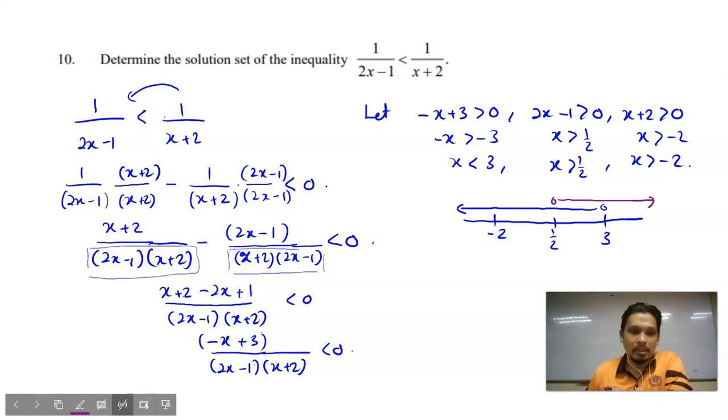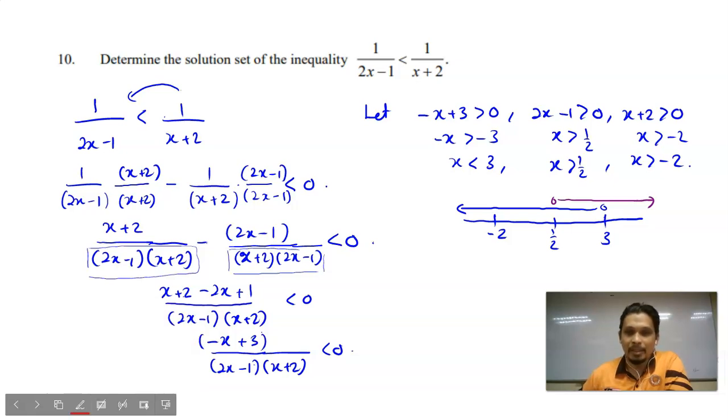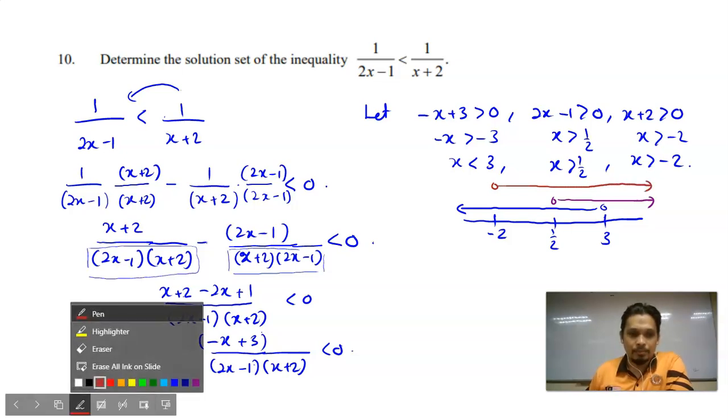Okay, and another one here, x greater than 3, x greater than negative 2. Okay.